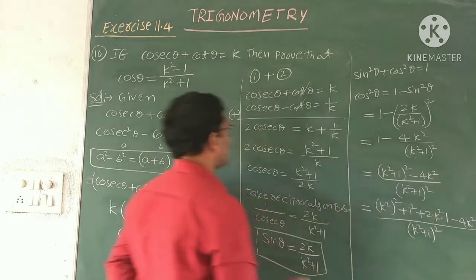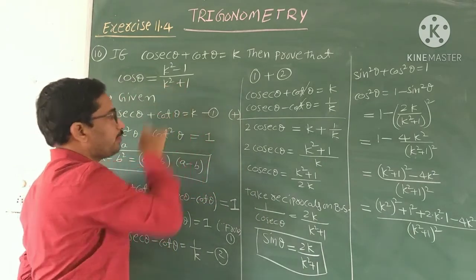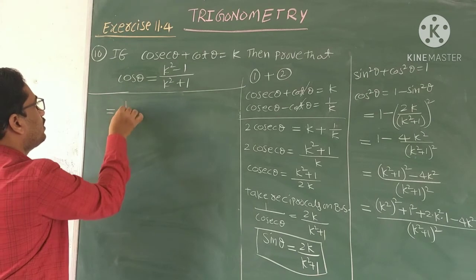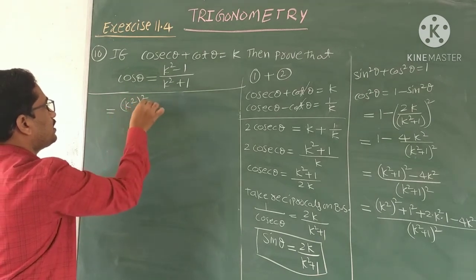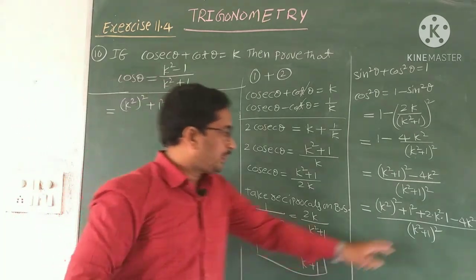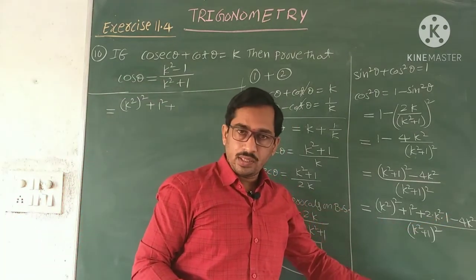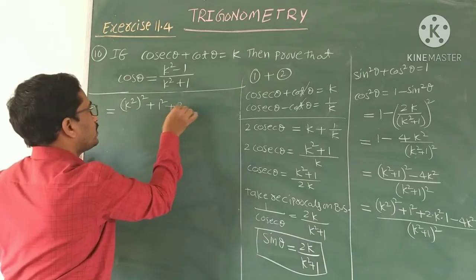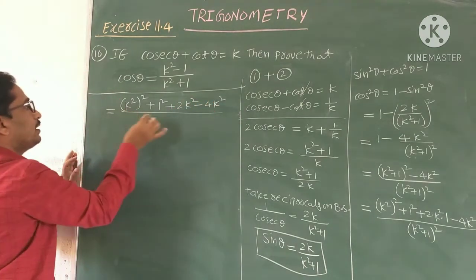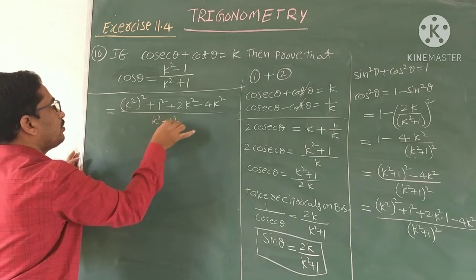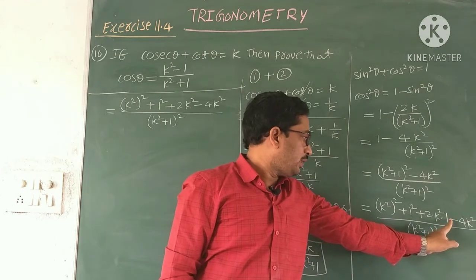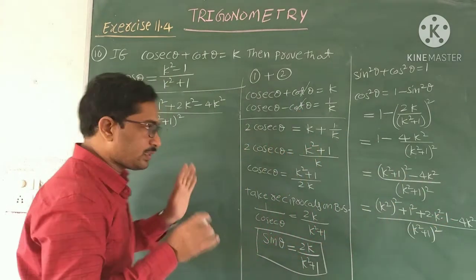Don't change the denominator. Nothing is changed, only one change: k square into 1 gives k square, remaining all terms same.